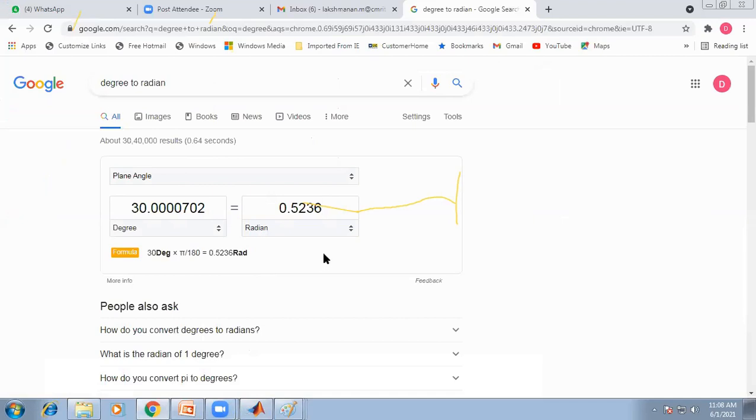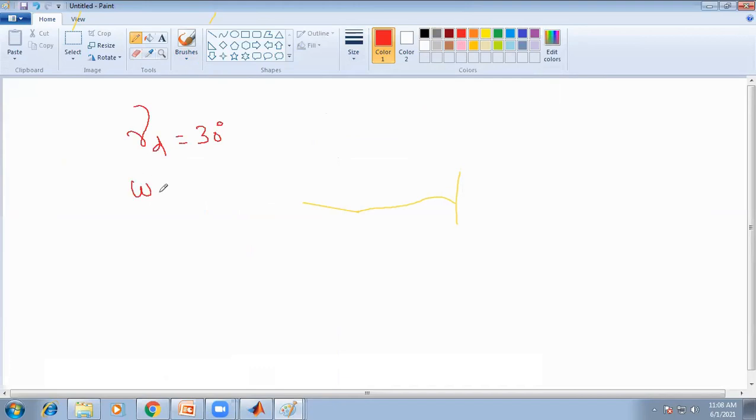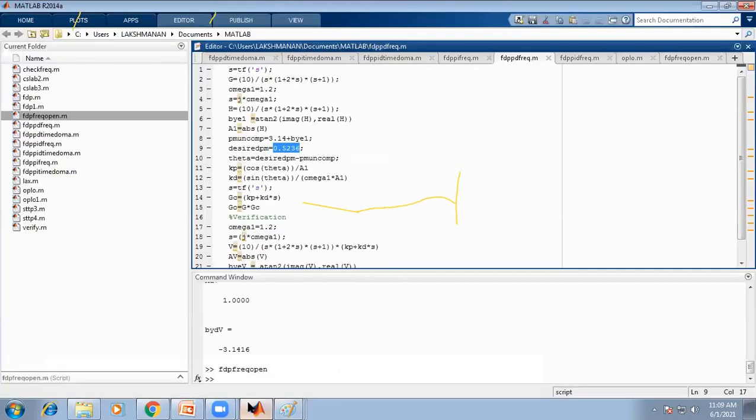So I'm going to design the PI controller with the desired phase margin equal to 30 degrees and omega 1 equal to 1.2.